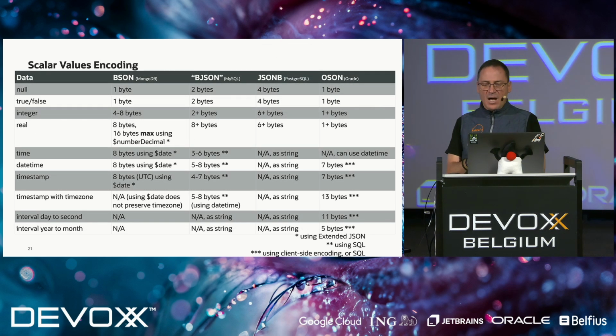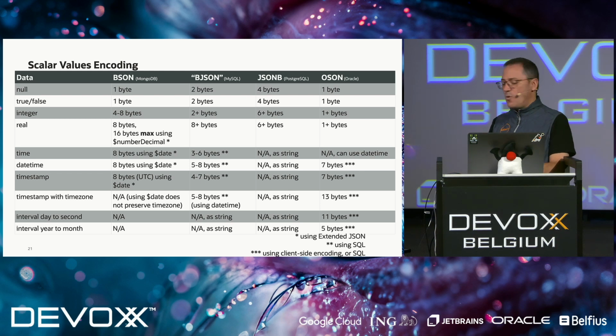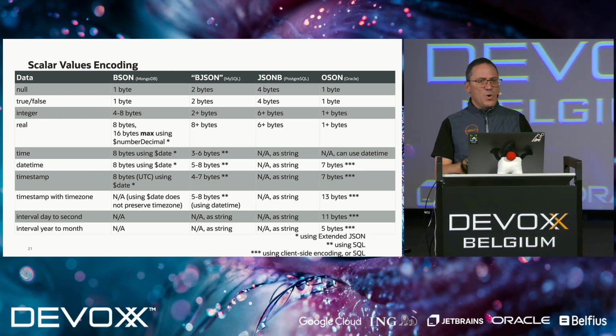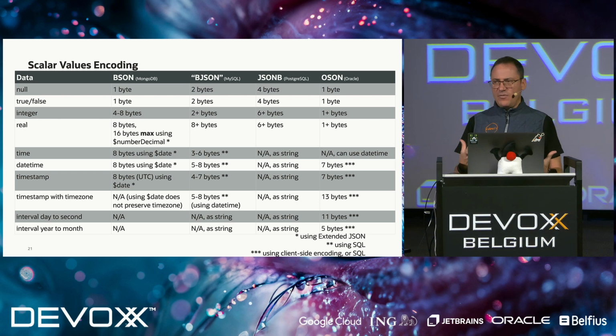Now, a little bit of comparison among the different formats. How we store information in the different formats will give us a measurement of how much space we will have to use for each one of the data types. Null and booleans are pretty much the same, so no surprises there. But in the case of the integers, we start to see a little bit of difference.